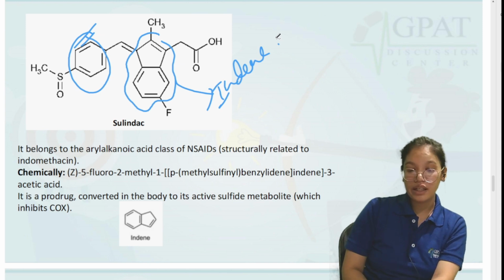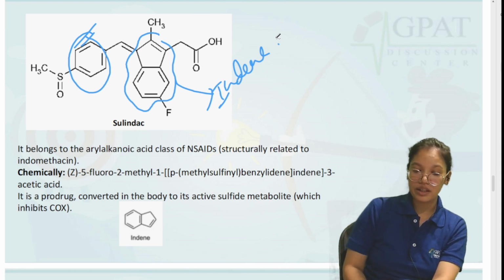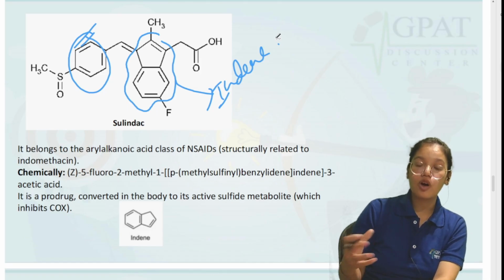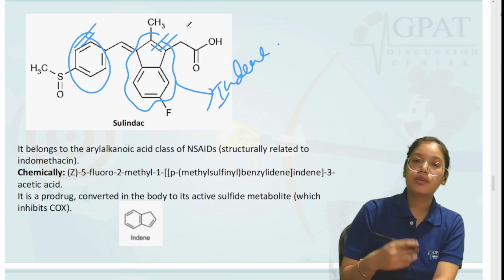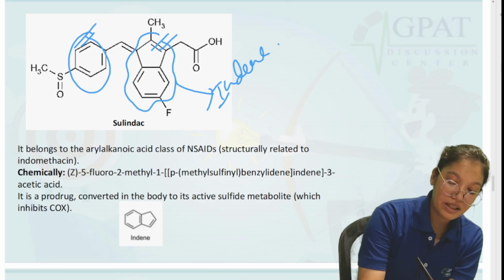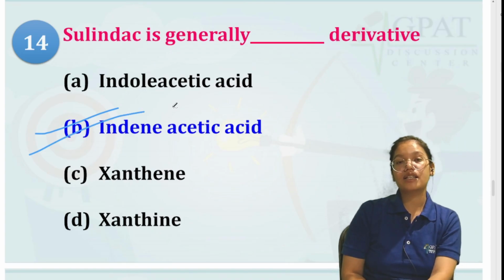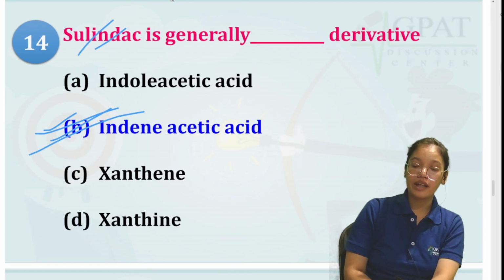So this is the indene ring, and acetic acid is attached to the indene ring. So it is basically a class of NSAID. It has an indene ring plus a benzene or phenyl ring in its structure. So the second option, indene acetic acid, is the derivative. Indene acetic acid derivative is Sulindac.